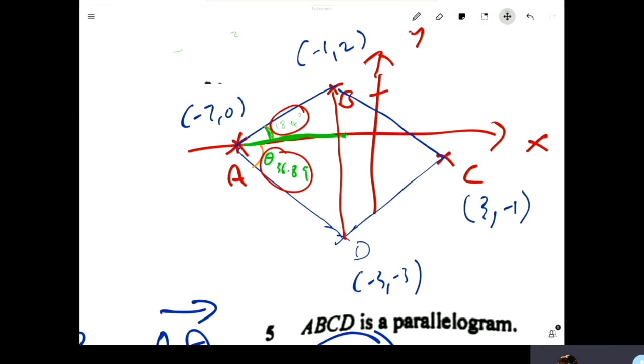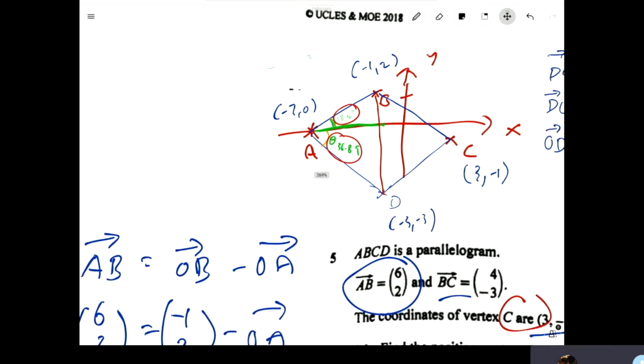Can you just add the coordinates? No, no, we want the length. Remember the coordinate geometry formula?